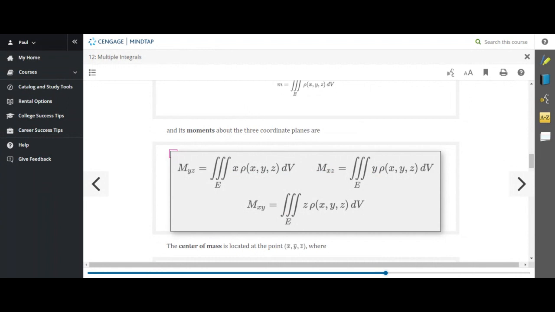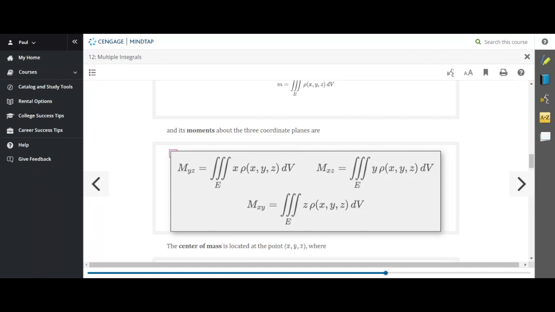For the moment about the YZ plane, you're interested in how far a point is from the YZ plane, that's an X distance. So that's why we insert the X before the density. For the moment about the XY plane, a point's distance from the XY plane would be a Z distance, so that's why you have Z there. And then the MXZ moment is defined there.